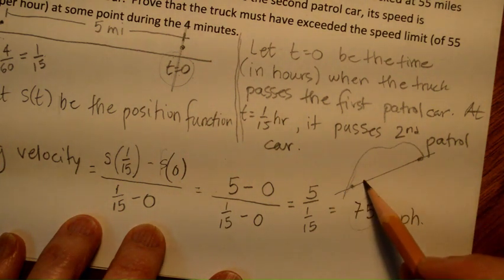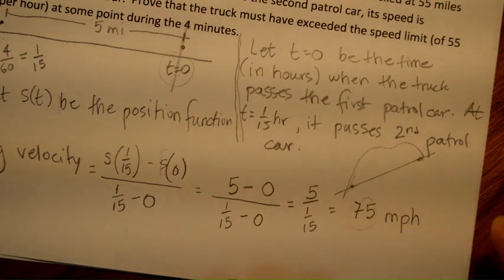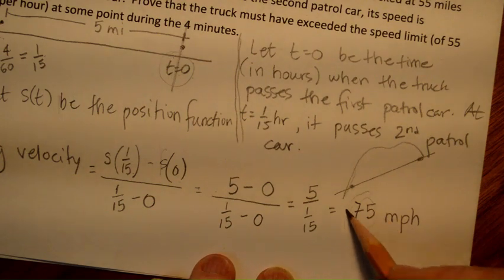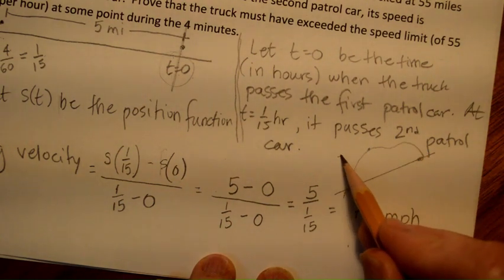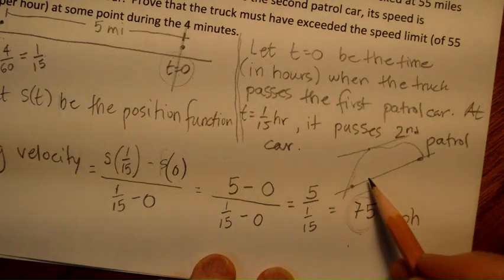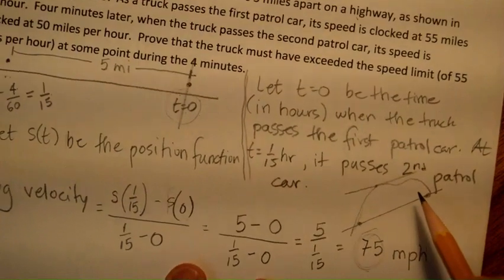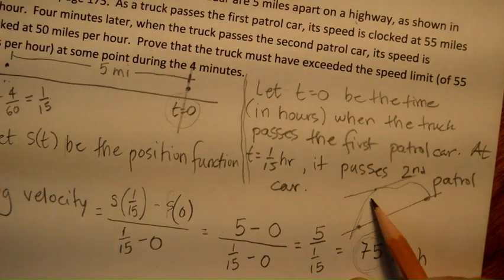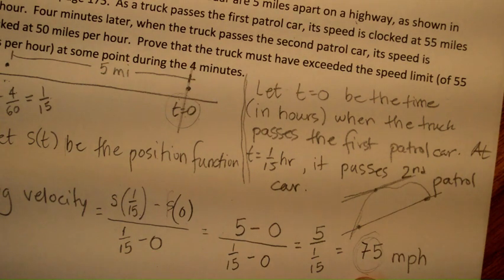But there is a point between time 0 and time 1/15 of an hour where the average rate of change matches the instantaneous rate of change. So at some point in those 5 minutes, that truck must have matched that. In other words, its instantaneous rate of change would also have been 75 miles per hour.